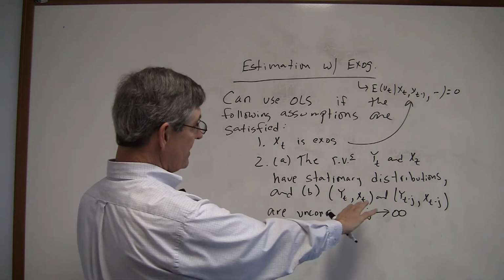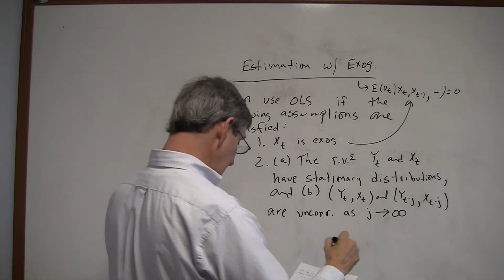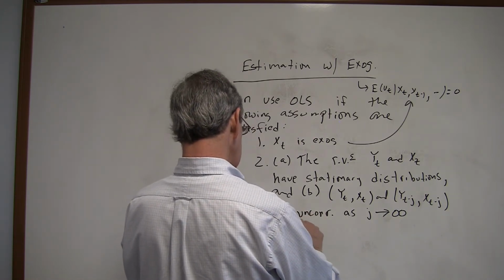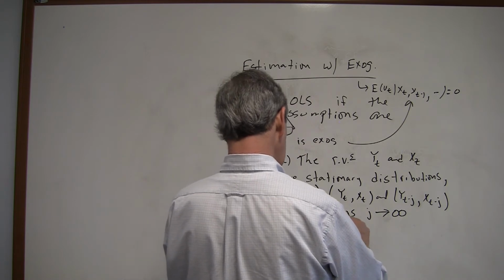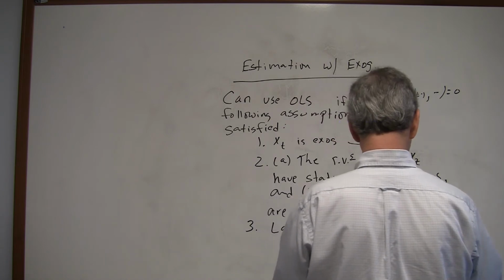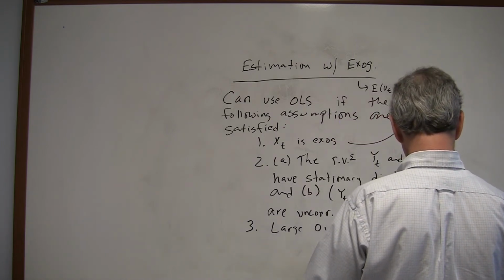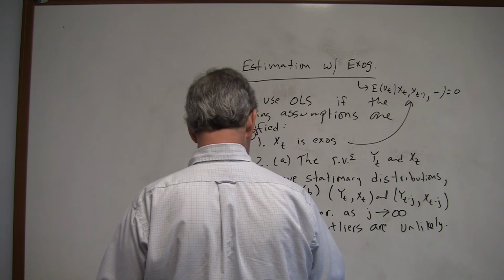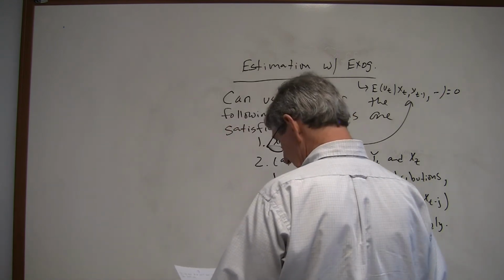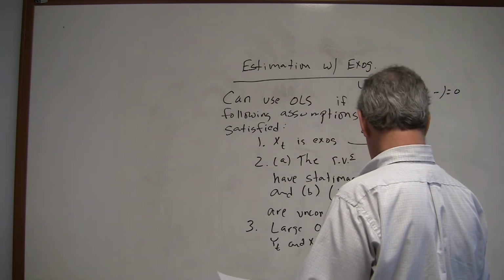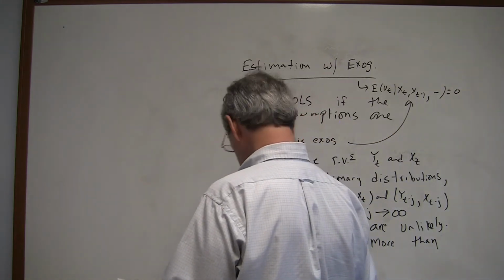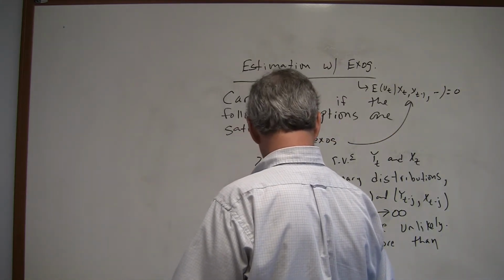Third, that we covered in chapter 14, so there's not much to say there. Large outliers are unlikely. That's the same thing we've always said, but it takes a little bit more restrictive condition in a time series model than we've seen before. So here you need that Y_t and X_t have more than 8 non-zero finite moments.